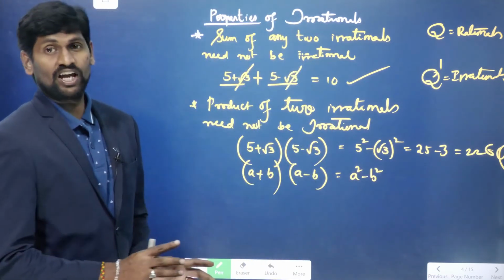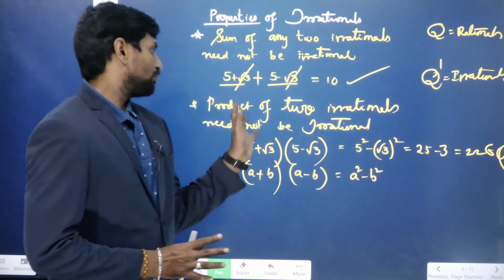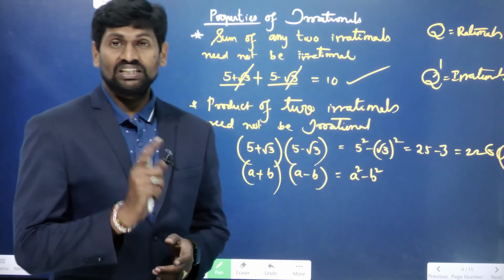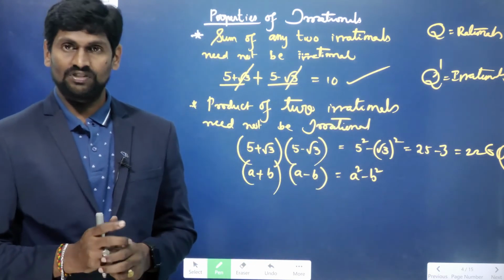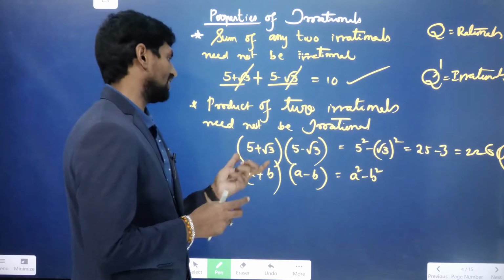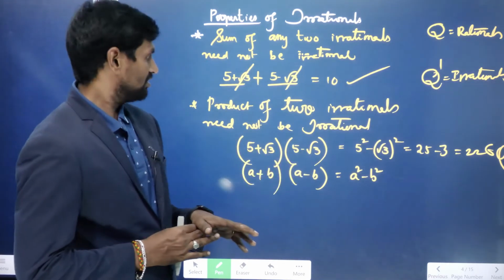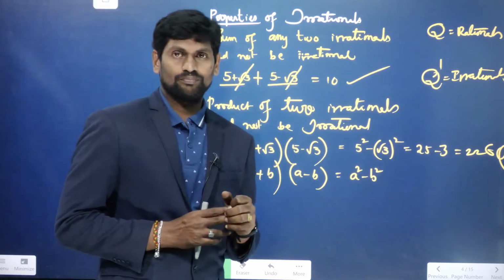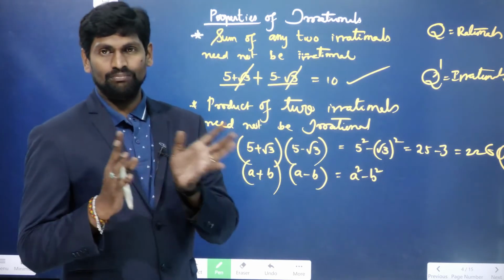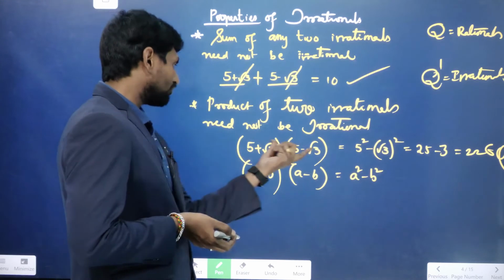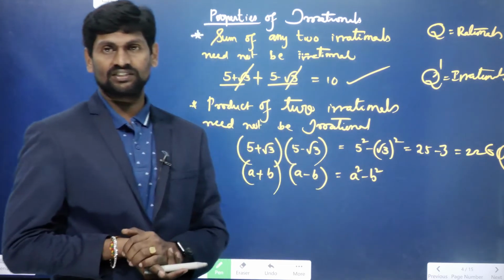From this we decide that the product of two irrational numbers need not be irrational. It depends on the irrational numbers we have taken. Clear? Yes, mostly they can be irrational numbers if they do not follow such identities like this.